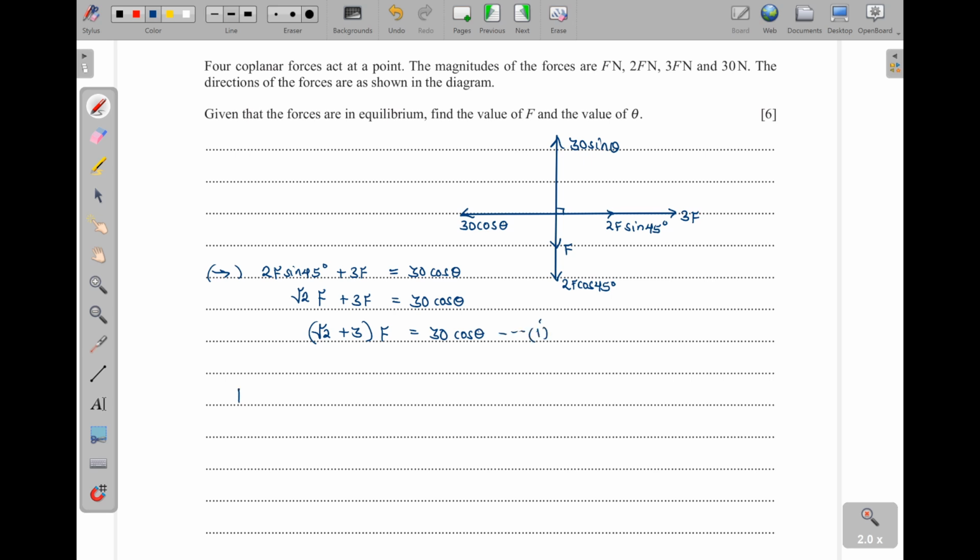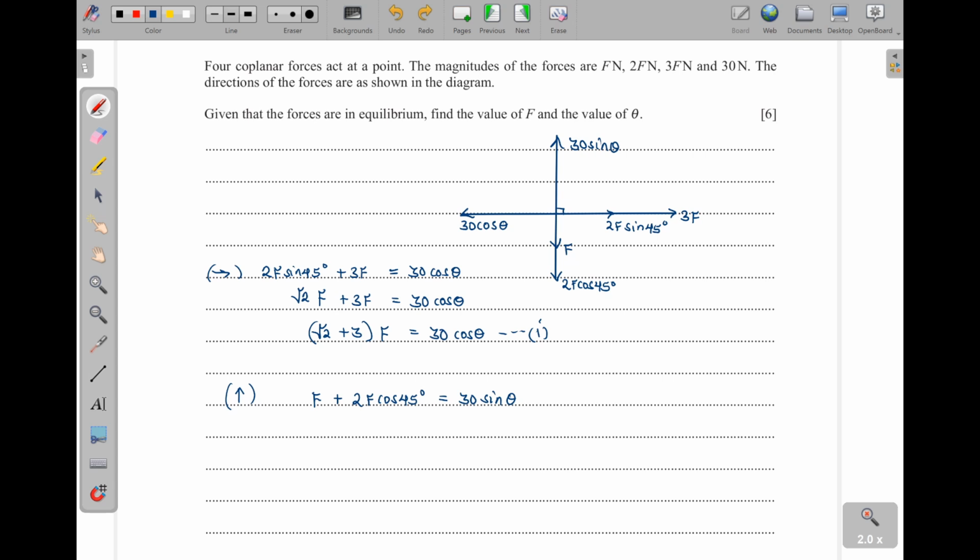Then let's go to the forces when we resolve them vertically. So these are also equal. So we shall have F, then plus 2F cosine of 45 degrees, is equal to 30 sine theta. Cosine of 45 is the same as sine of 45. It is also root 2 over 2. So this 2 will go.